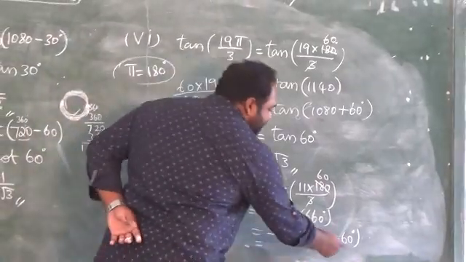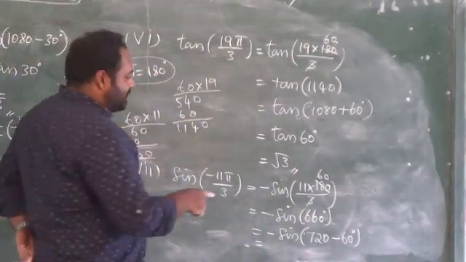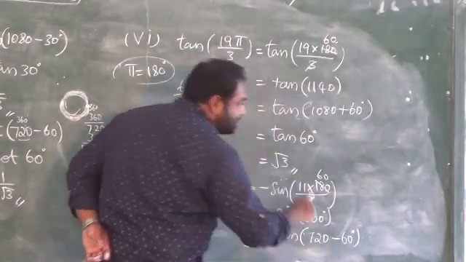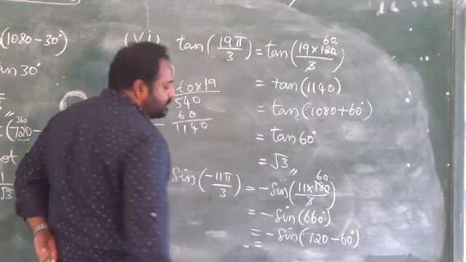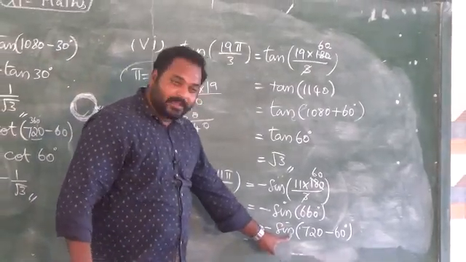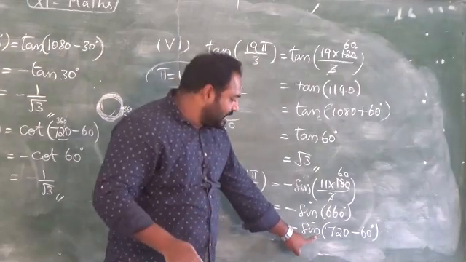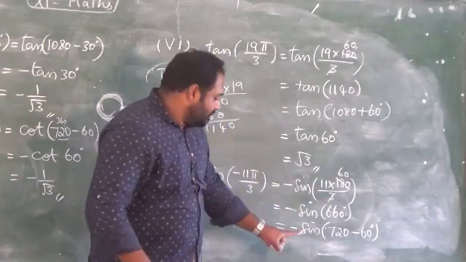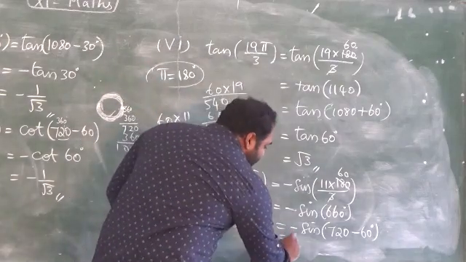So 360 minus 60 is considered as the fourth quadrant. In the fourth quadrant, what is the sign? Sine is negative. In the fourth quadrant only cos is positive, sine is negative. So we have to write one minus here, and already one minus is here. So minus into minus will become plus.